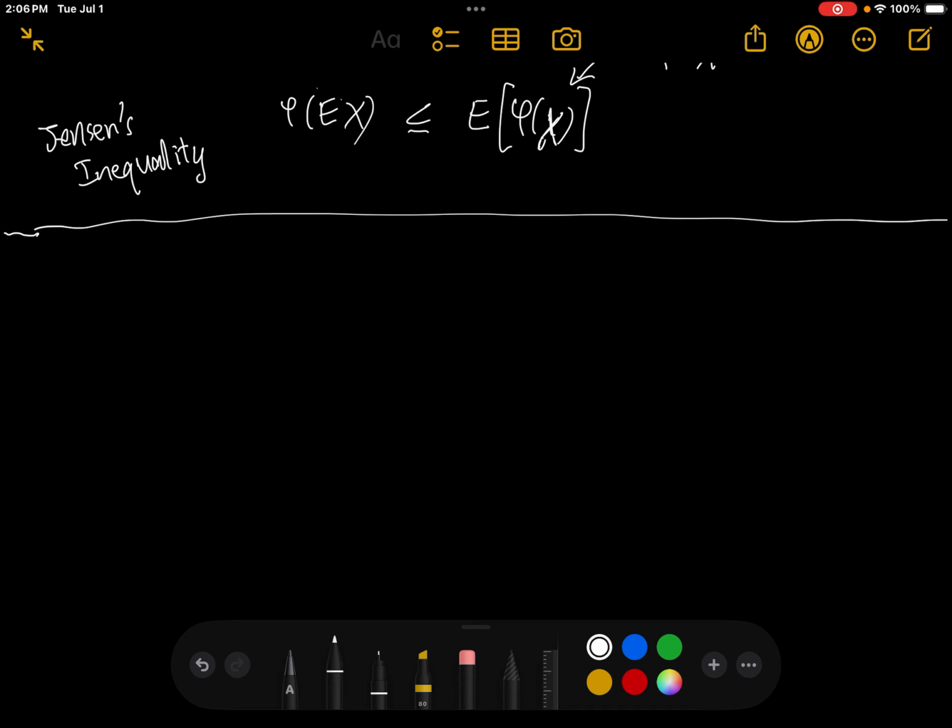The context is, suppose that you have a measure space and you have a probability measure, let's just call it mu. Recall what that means is your measure just has value 1 on the entire space.